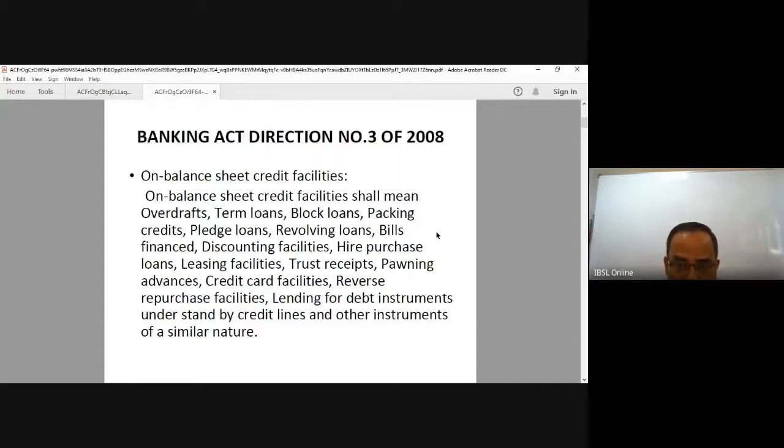Hire purchase loans are basically on acquiring any asset. At that time, you go and do a hire purchase, something like leasing, right? Leasing facilities. Trust receipt is also an import loan. These are against the goods which are imported. So you go and lend it. Pawning advances, credit card facilities.